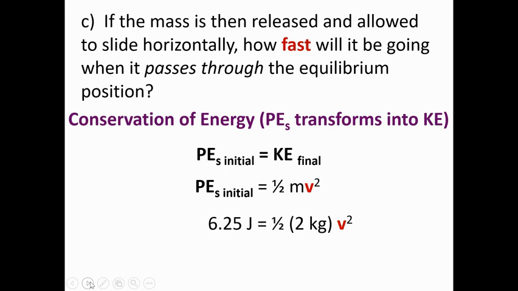We calculated the stored potential energy in the spring as 6.25 joules, and we know the mass is equal to 2 kilograms. So if we solve for v, we get an answer of 2.5 meters per second. So that's how fast the mass is going once all of that stored potential energy is converted to kinetic energy.